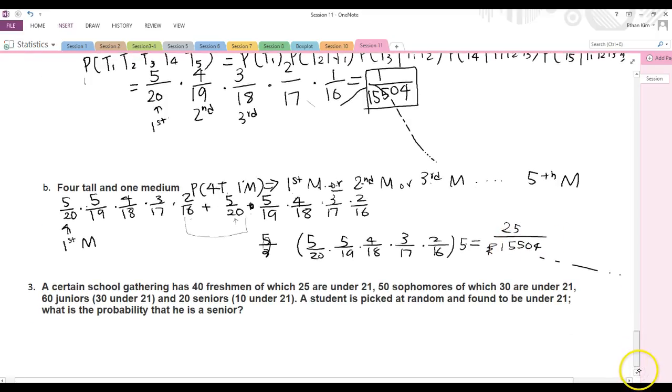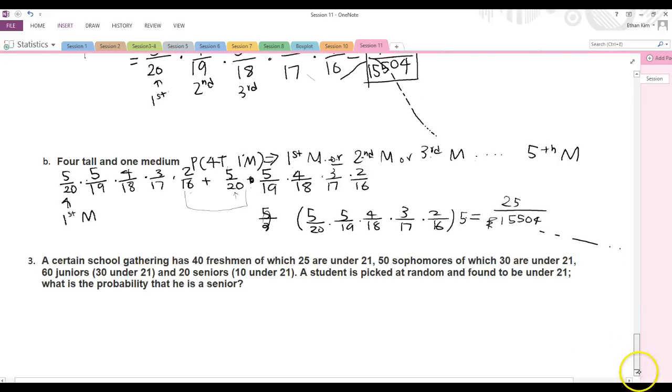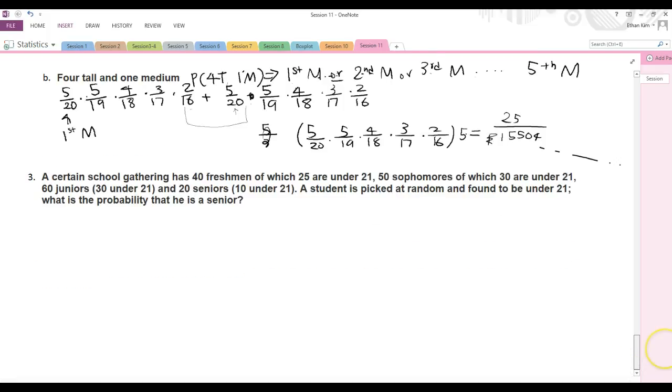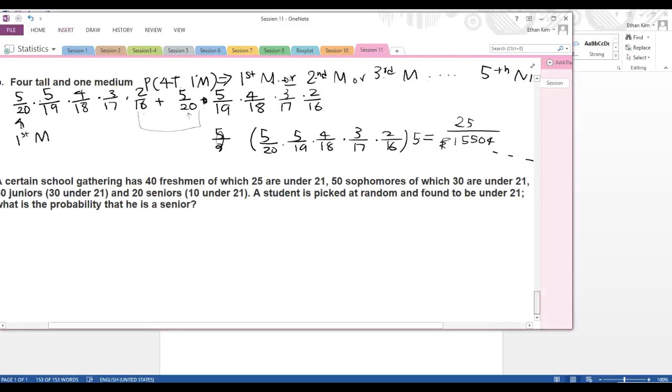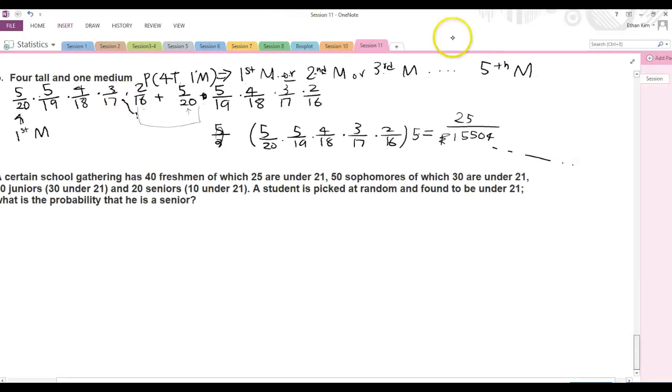A certain school gathering has 40 freshmen, of which 25 are under 21, 50 sophomores, of which 30 are under 21, 60 juniors, 30 under 21, and 20 seniors, 10 under 21. A student is picked at random and found to be under 21. Right? And what is the probability that he is a senior?